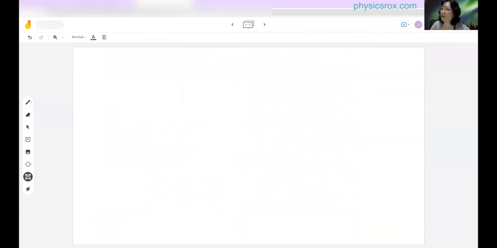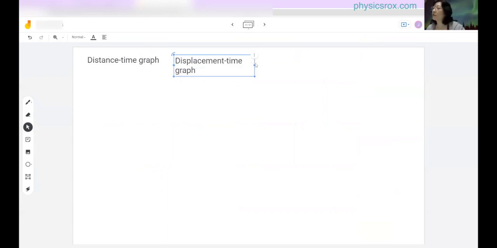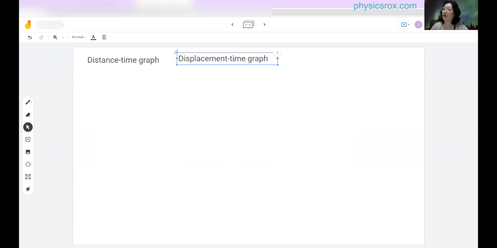Just to show you the difference, if you have a distance-time graph, just to compare, with the displacement-time graph, they are almost the same concept. The only difference is that you must remember distance is scalar, no direction. Displacement is a vector, it has direction.